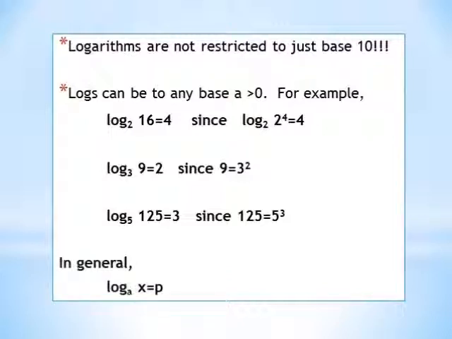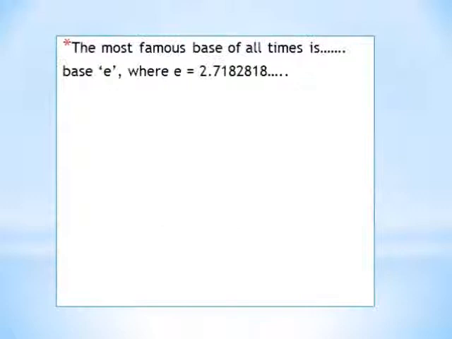More generally, we can state that log base a of x is equal to p if and only if x equals a to the power of p. And if you think backwards, take this a to the p, put it back in there, and you will get just p, the exponent, or the power.